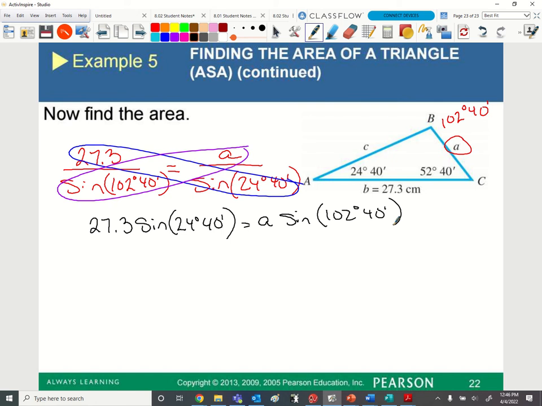Gag reflex. Anyway, so to get a by itself, what would I do to both sides here? Divide by sine 102 degrees, 40 minutes.